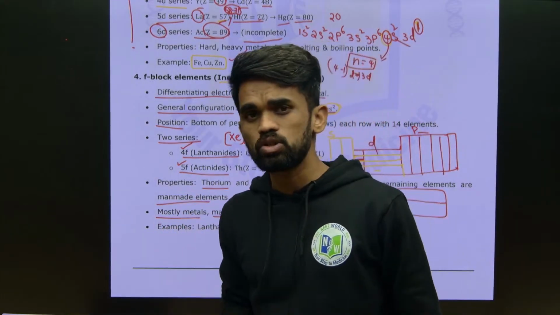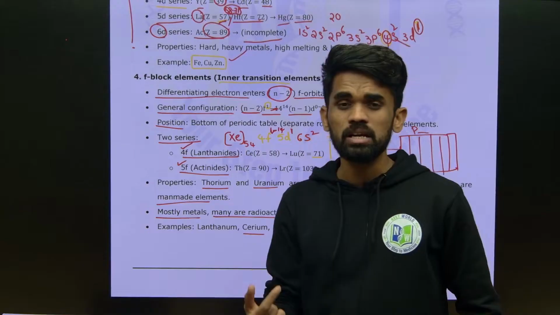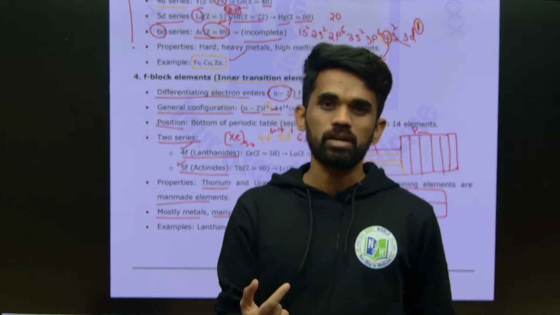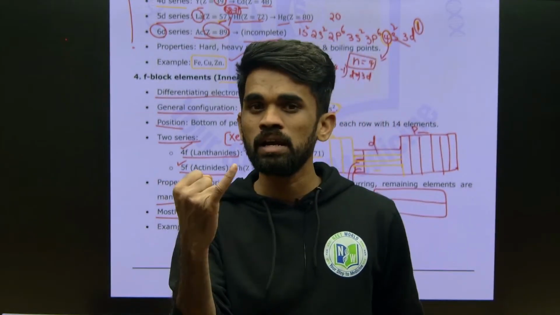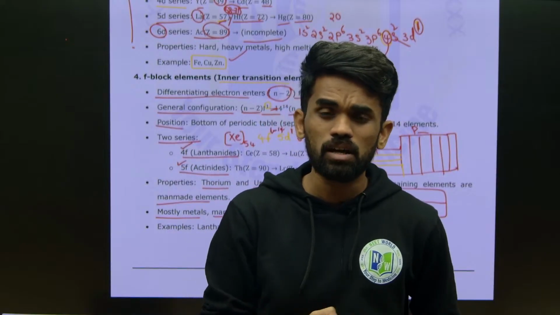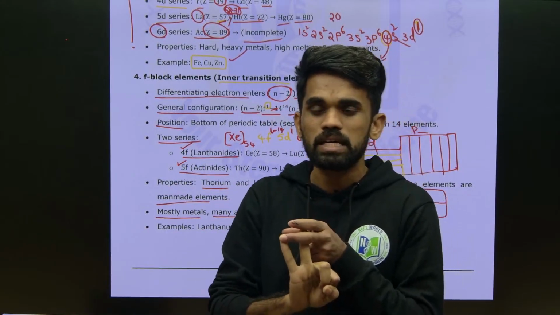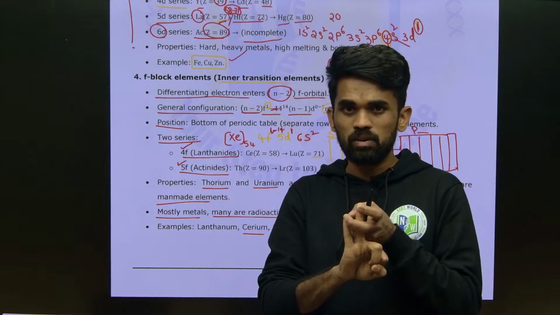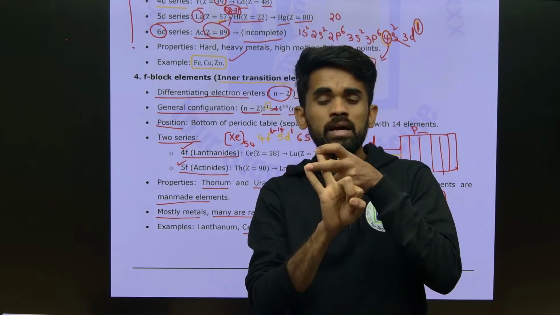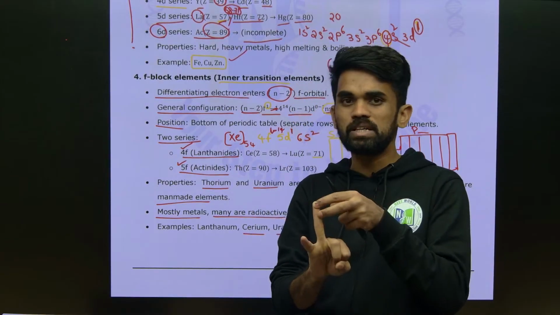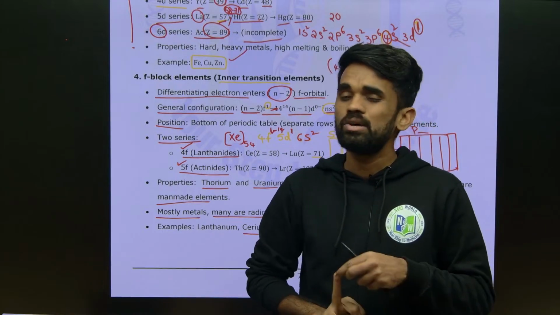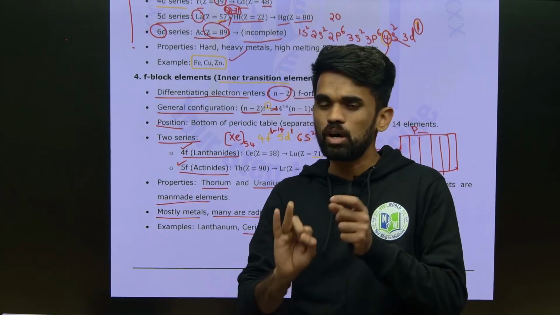In the next session we will be covering chemical bonding. Chemical bonding and organic chemistry are the 2 chapters we need to study now. We can expect 1 question from either of these 2 chapters in LAQs, and the remaining chapter will come in the SAQs. Do not worry, we are here to cover all these things.